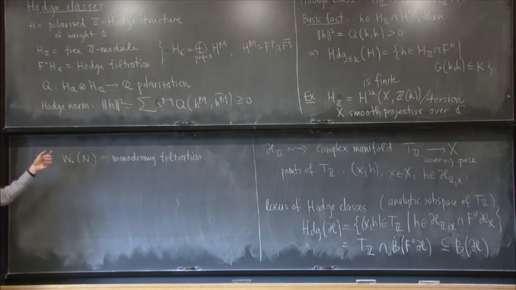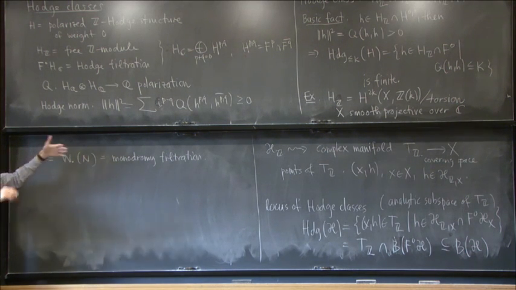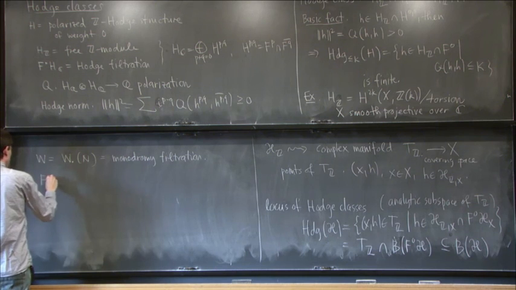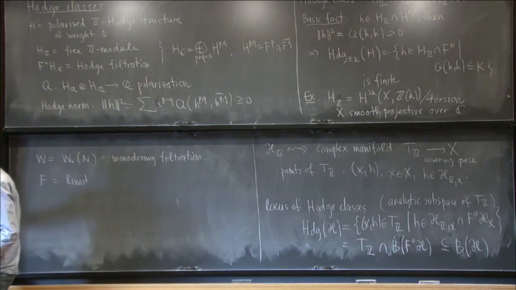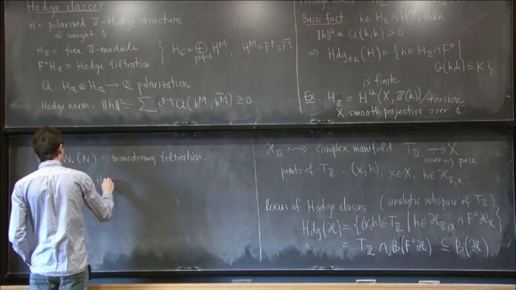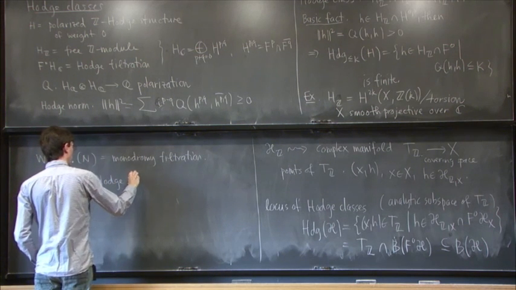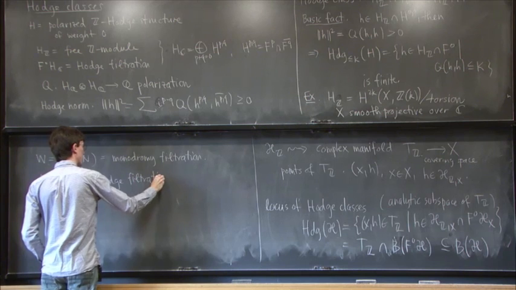It has the property that N lowers the weight by 2, and it satisfies the hard Lefschetz theorem: the graded quotient in degree k is isomorphic to the graded quotient in degree minus k, and the isomorphism is given by N to the k. And then this F is something constructed out of the variation. This is the limit Hodge filtration constructed by Schmid.